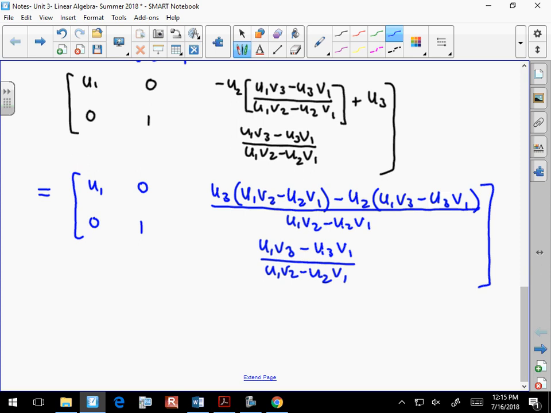Then divide out the U1. So 1 over U1 R1.